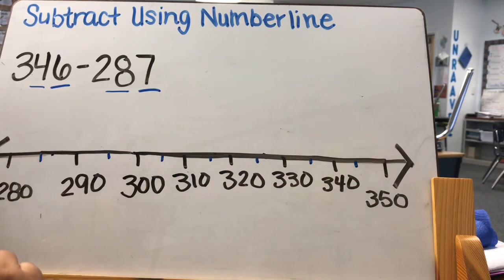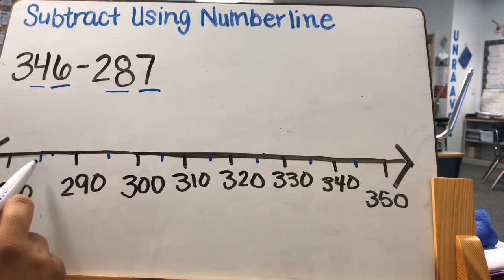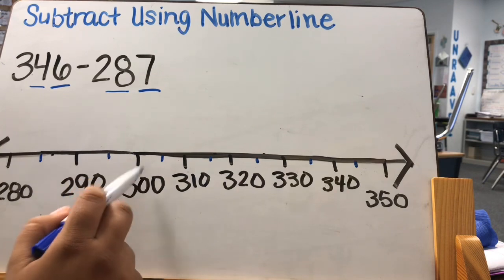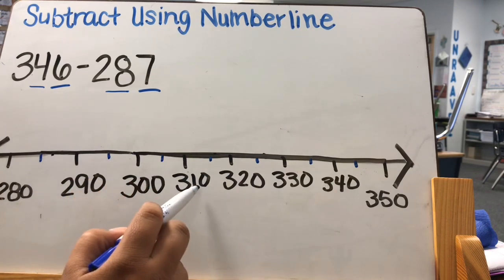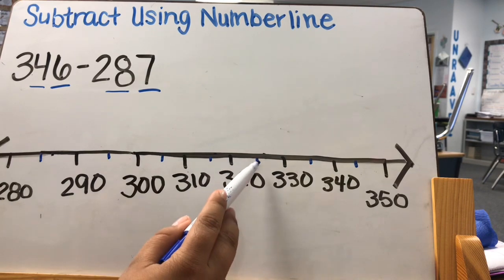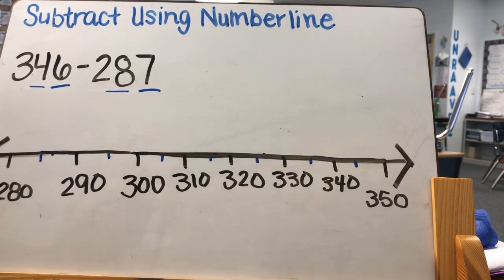This way I know that when I count, I'm going to be counting 280, 285, 290, 295, 300, 305, 310, 315, 320, 325, and so on.